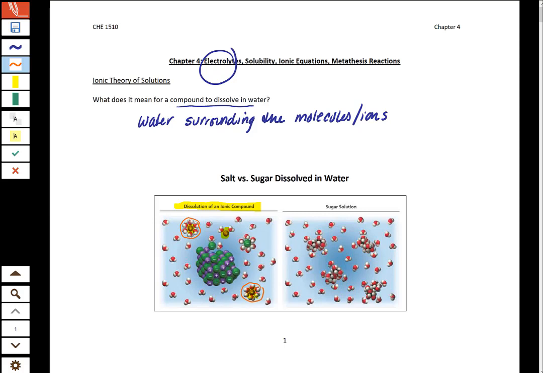So the water is surrounding those molecules or ions, and it's breaking the attractions between the ions or molecules.